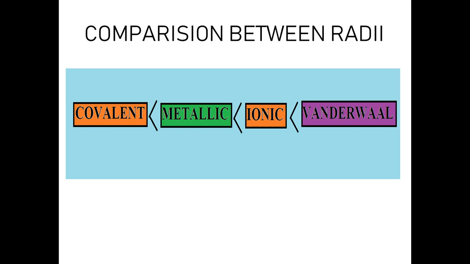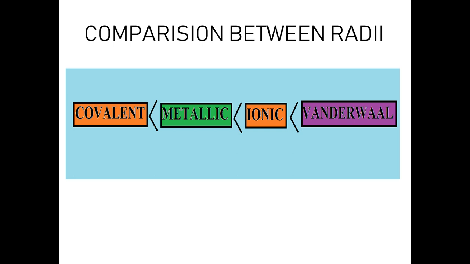Covalent is the least one because in case of covalent, orbitals overlap with each other, and because of this overlapping, the bond length decreases. While in case of ionic, there is no bond, only an ionic interaction, an electrostatic type of interaction. The atoms are not so close to each other.